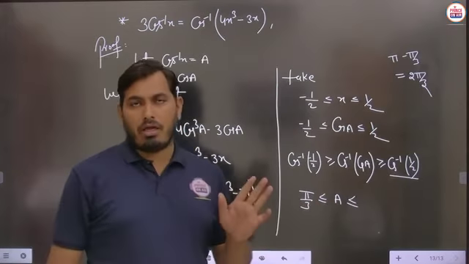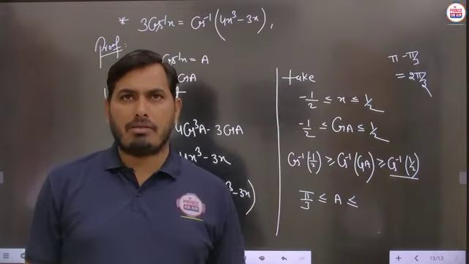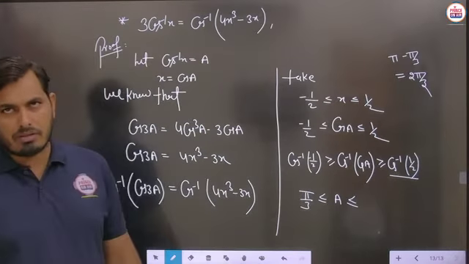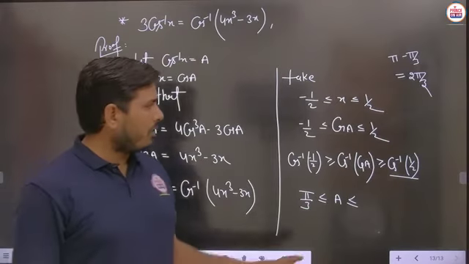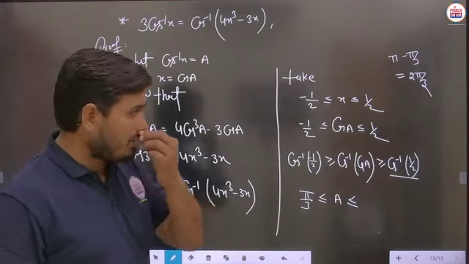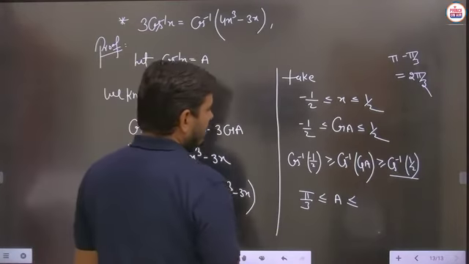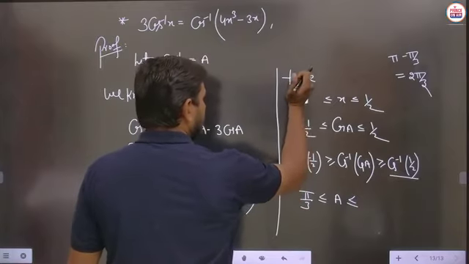But the principal value range of cos inverse x is represented as 0 to pi. Is it clear? So for this purpose we have to change this interval, student, because if we change the interval, then definitely you will take this part as 0.